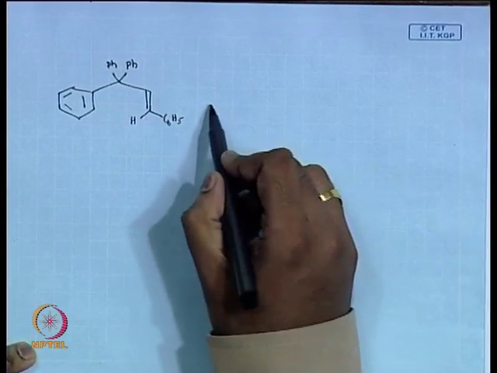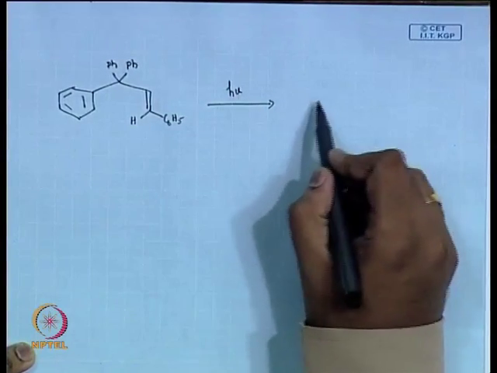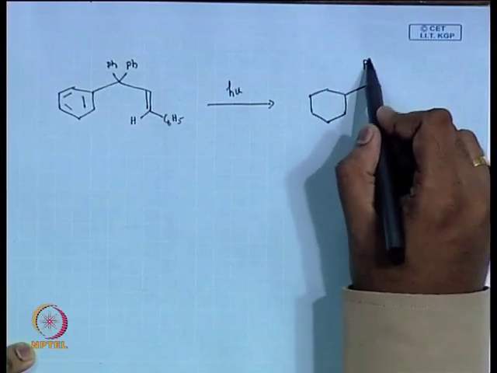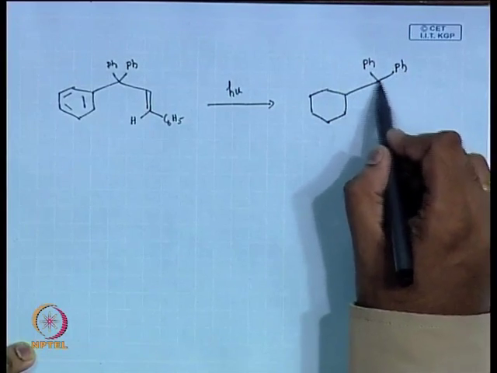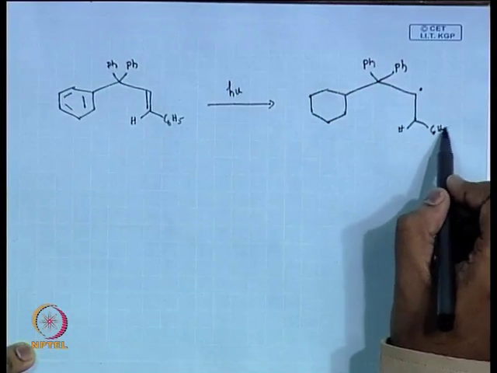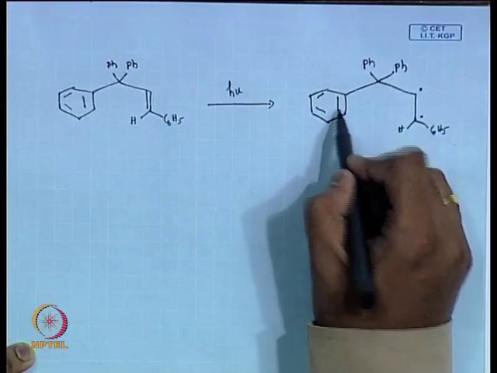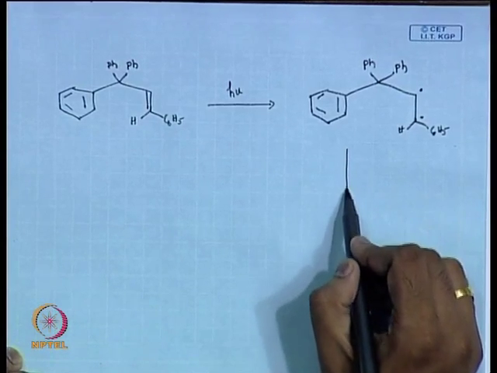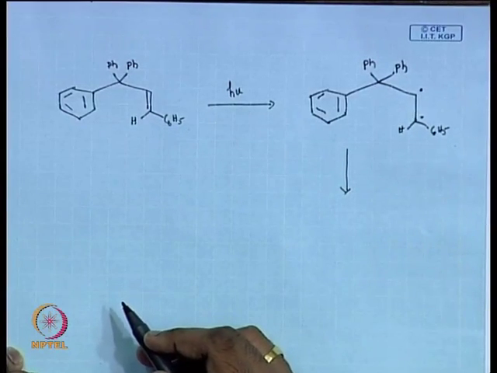Then what do you think? If I photolyze, what do you think will happen from here? Because in the previous case you said just 1,2 hydrogen shift, it is nice. In this case, it does the di-pi-methane rearrangement.